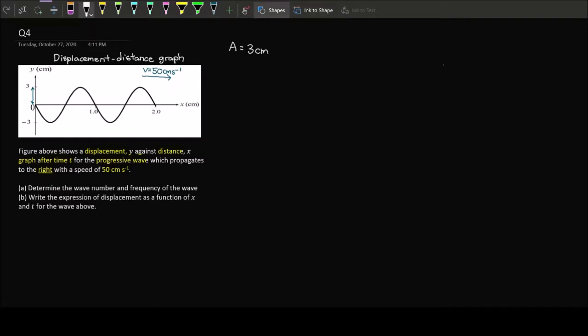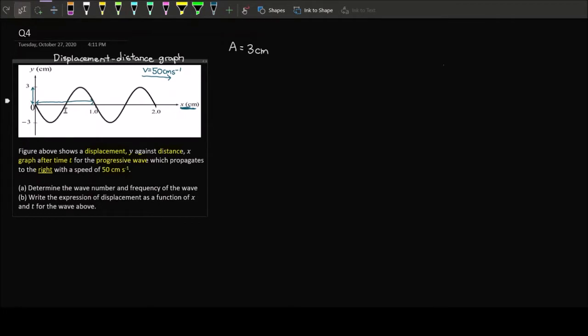Then the next thing that we can know, which is slightly different from chapter 9, is this thing over here. Because it's distance on the x-axis, that means this double-headed arrow represents the distance covered by one complete oscillation.